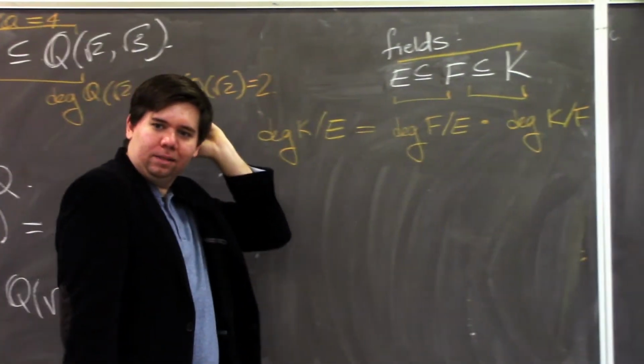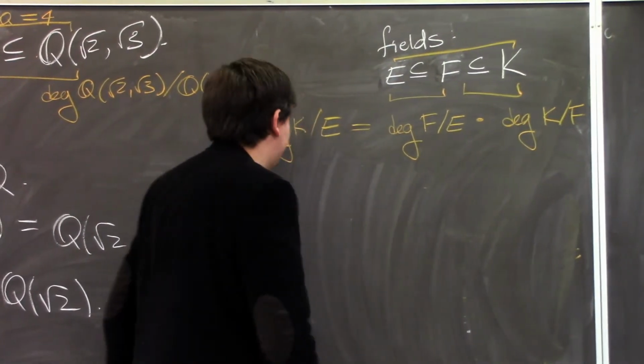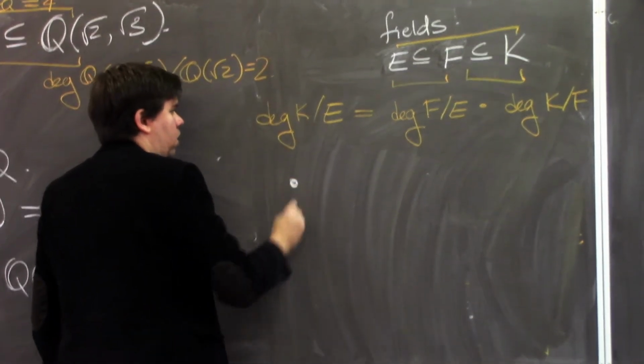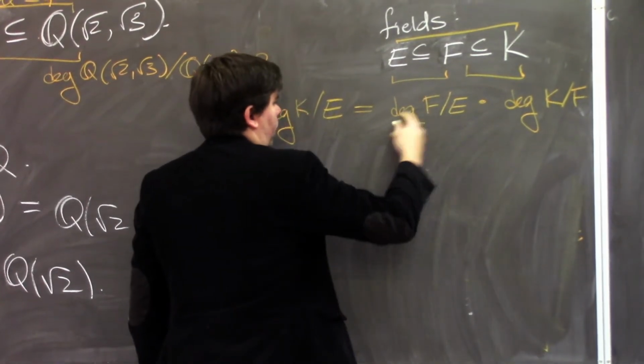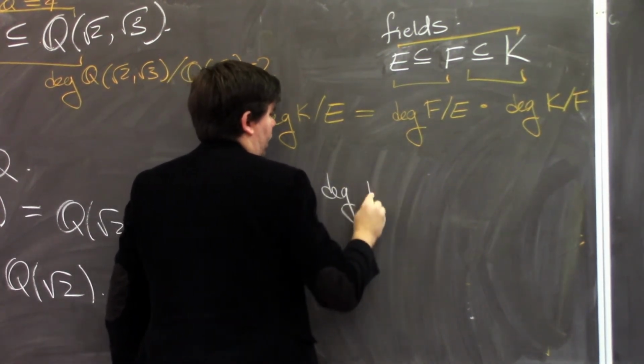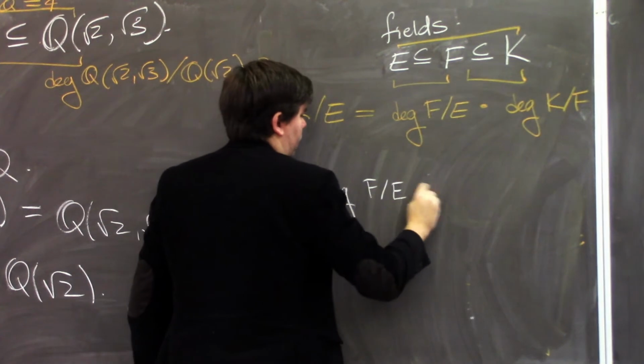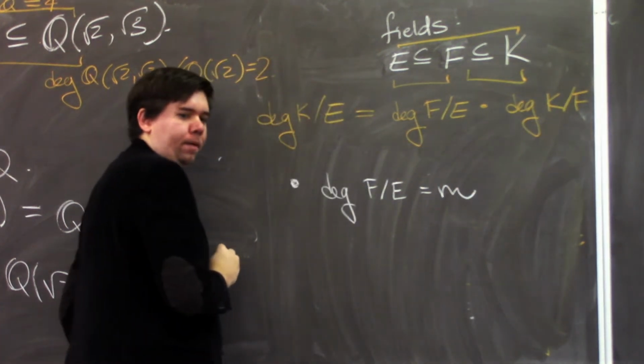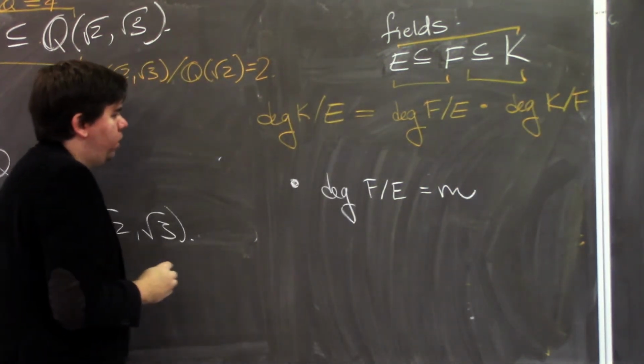So let's think about why this is the case. Let the degree of F over E be some value M. What does that mean?